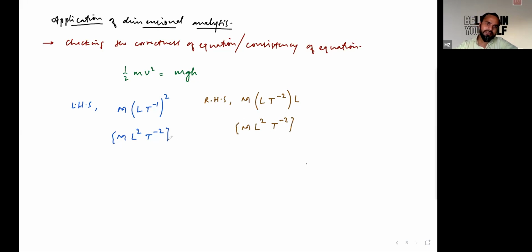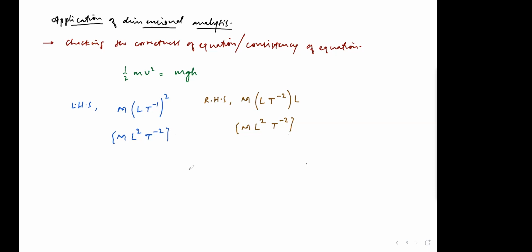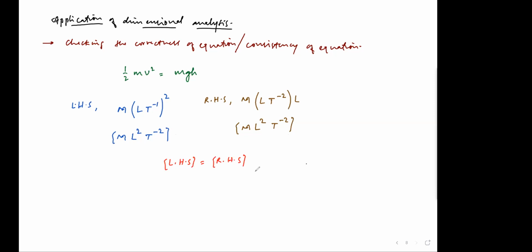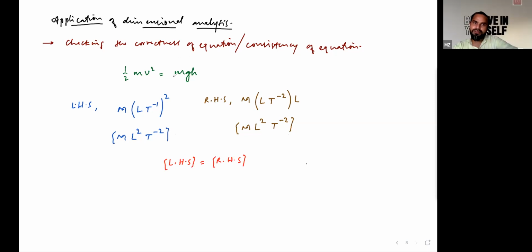So just compare the dimensions of the left hand side and right hand side, whether they are equal or not. Yes, they're equal. So we can conclude the dimension formula of the left hand side and the right hand side are equal. Hence verified. So we can confirm the correctness of this particular equation on the basis of dimensional analysis.